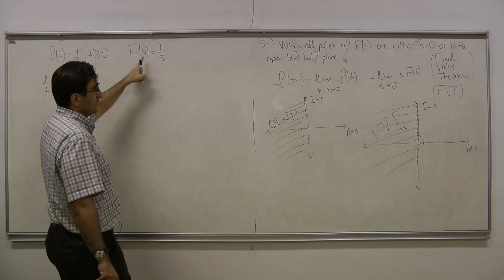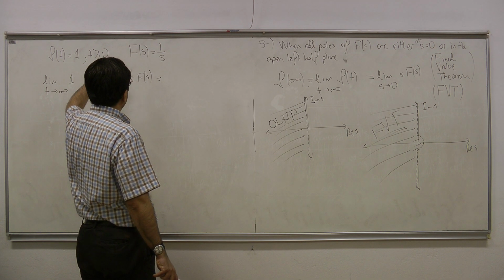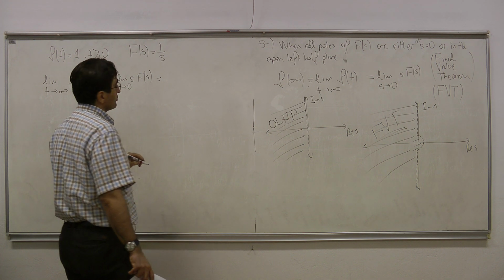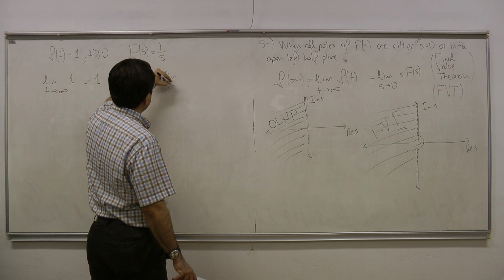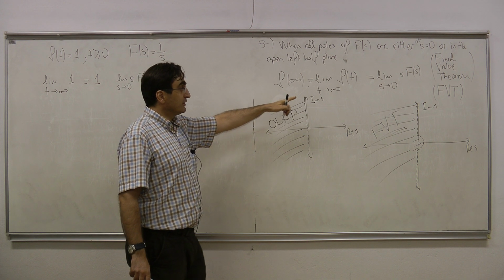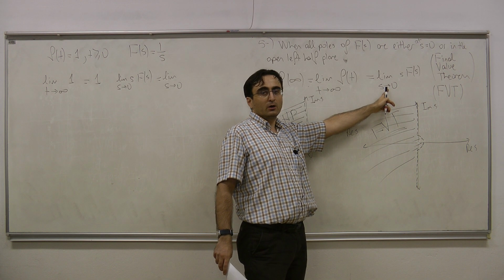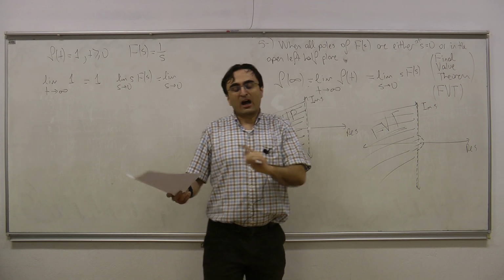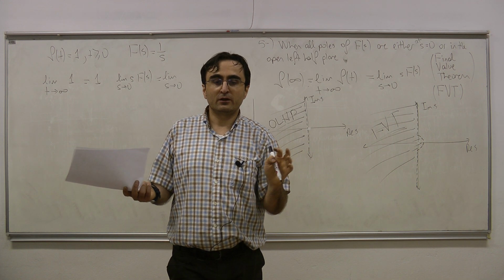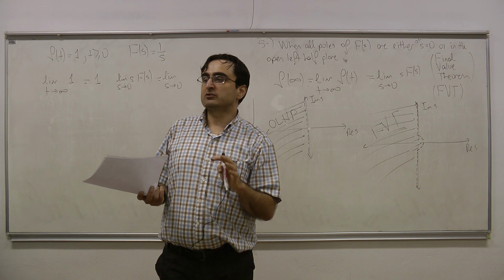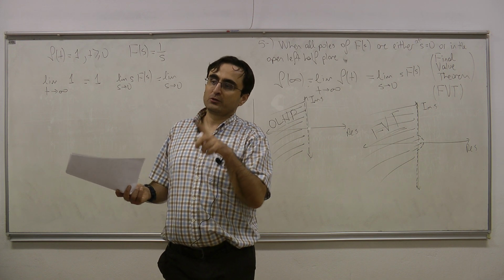What about the other limit? It is s times F of s. And I need to take the limit of this thing as s goes to 0. Alright? Here you need to realize that t goes to infinity, and s goes to 0. So you have the rough correspondence between t going to infinity and s going to 0.